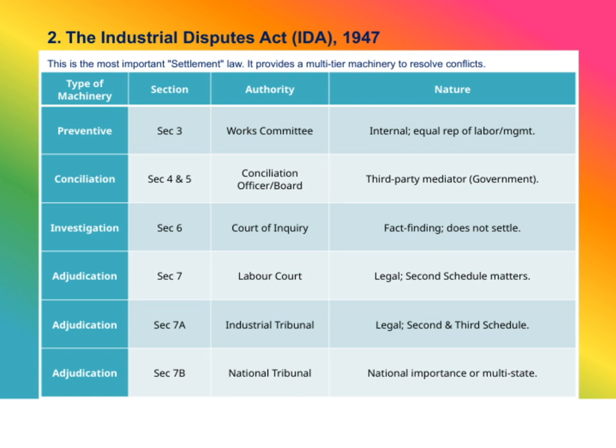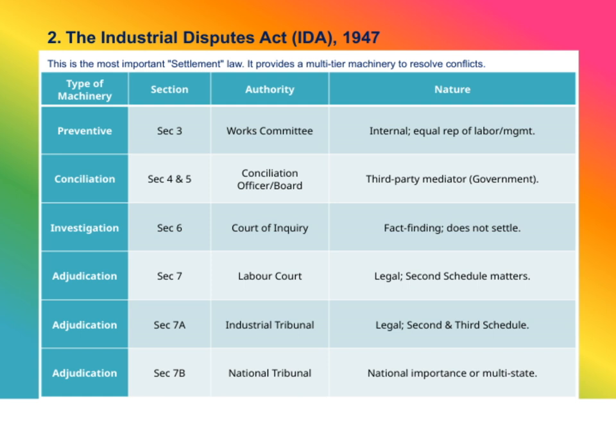When resolution through negotiation isn't possible, adjudication bodies are involved. The Labor Court, under Section 7, handles more legally complex matters, especially those listed under the second schedule. For cases requiring a more specialized legal approach, the Industrial Tribunal, Section 7A, is used.